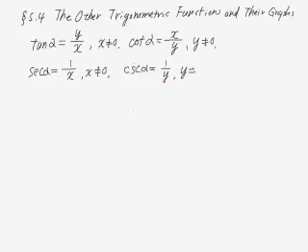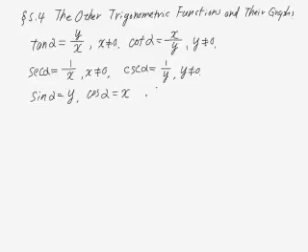Y is not equal to 0. Okay. So let's recall sine alpha is equal to y and cosine alpha is equal to x. Okay. So by now we have defined the 6 trigonometric functions for an angle in the standard position.